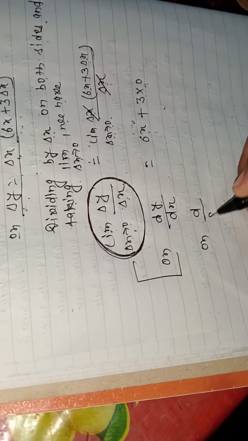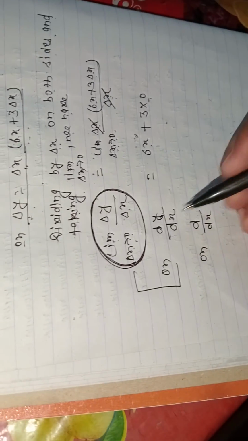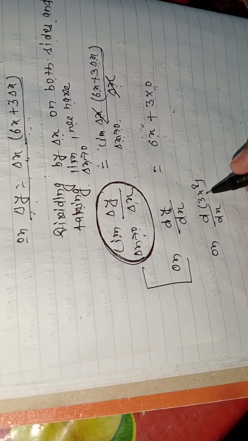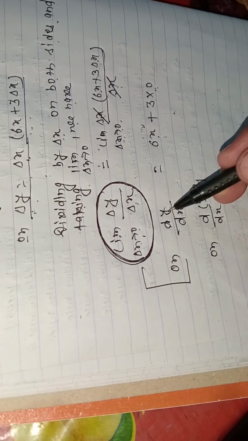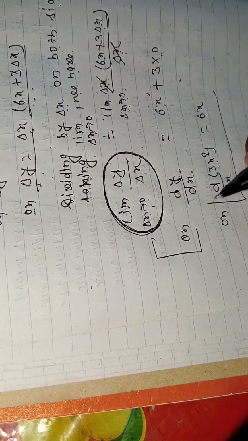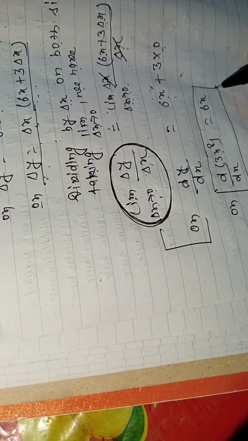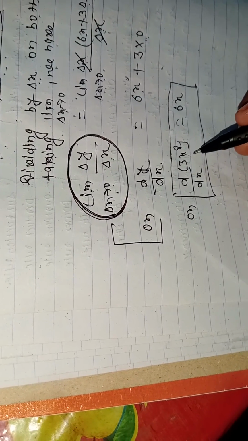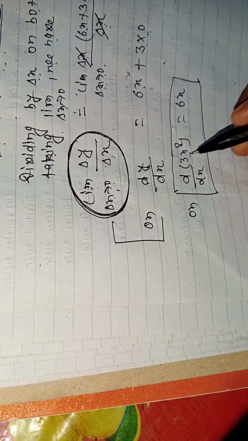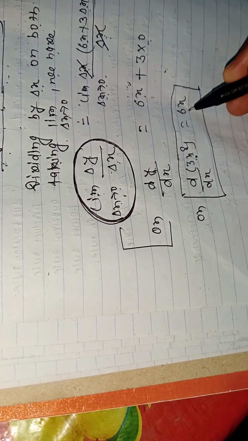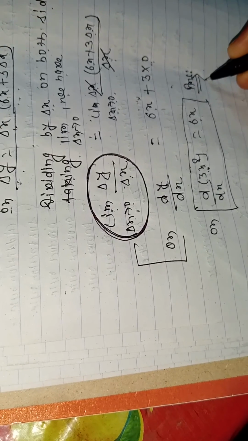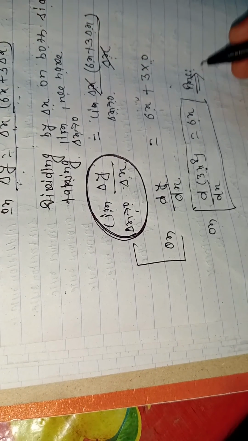So d by dx of y, we had let y equal to 3x square, so d by dx of 3x square equals 6x. So it is the final result of the derivative. It is the meaning we get here: the derivative of 3x square is equal to 6x. It is by the first principle method, or definition method, or rule method.